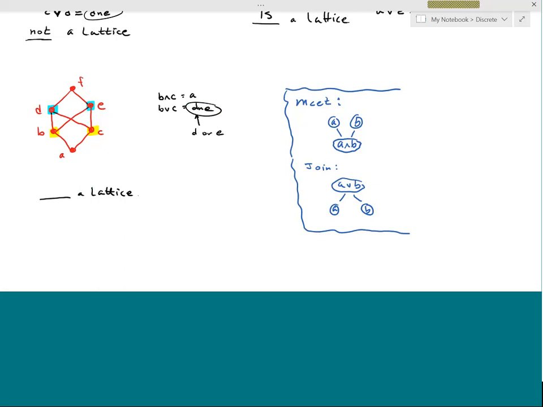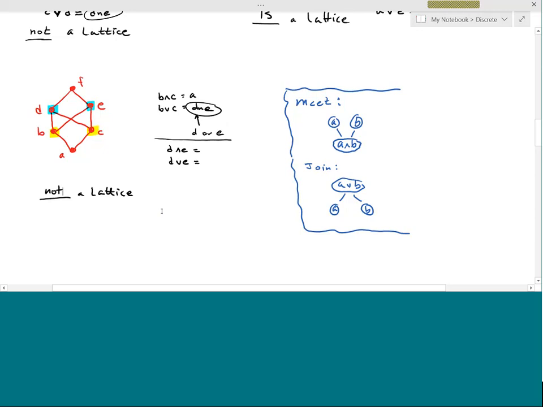What do you guys think? It is not a lattice, exactly. Now, if we decide to keep going, and you don't have to at this point, because as soon as you get a does not exist, not a lattice, you're done.